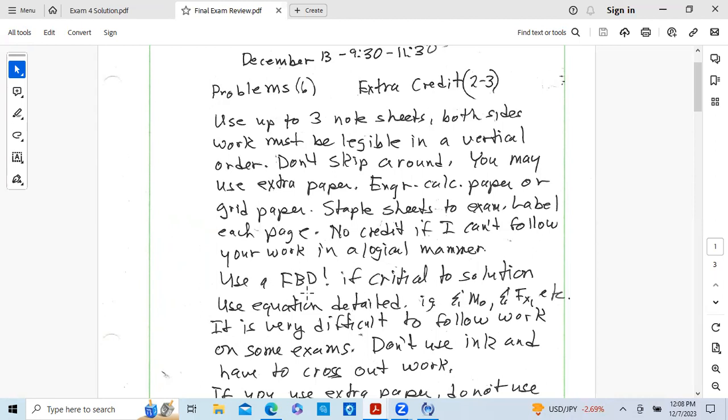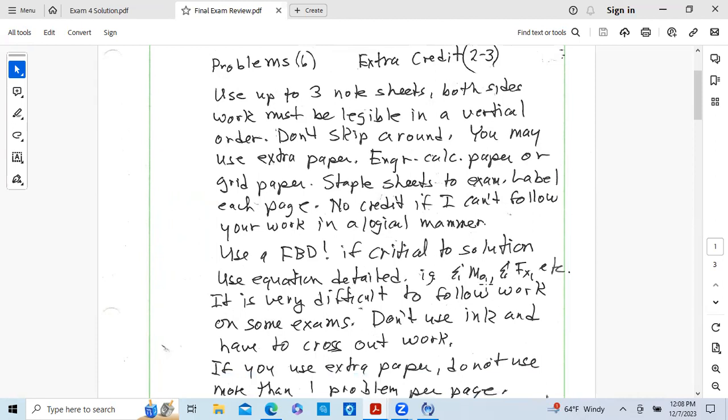And then once this free body diagram is finished and you're going to solve the problem, write the equations that you're using very specifically. Sum of forces in the x equals 0. Sum of forces in the y equals 0. Sum of the moments about point A equals 0. Okay, be very specific, and then follow your calculations under this equation that you've written.